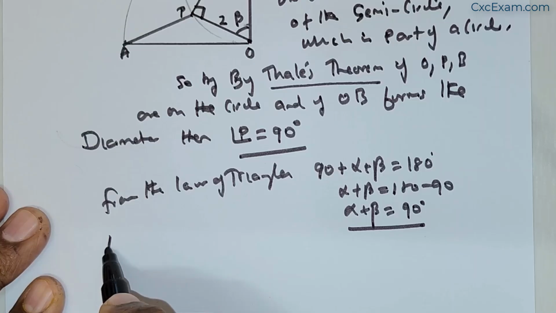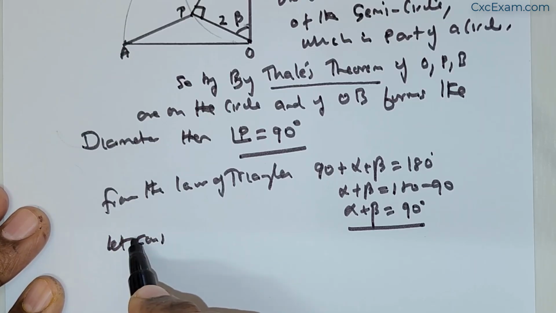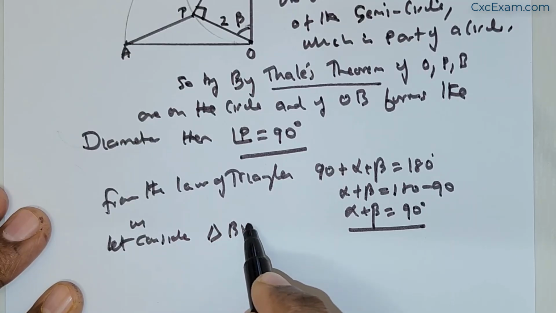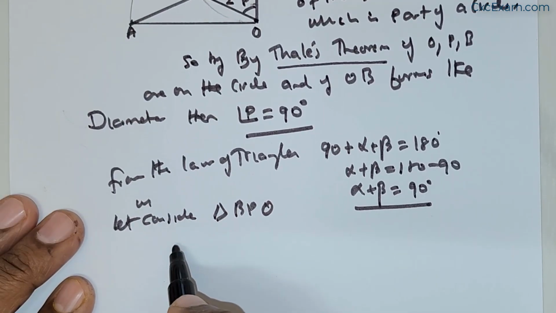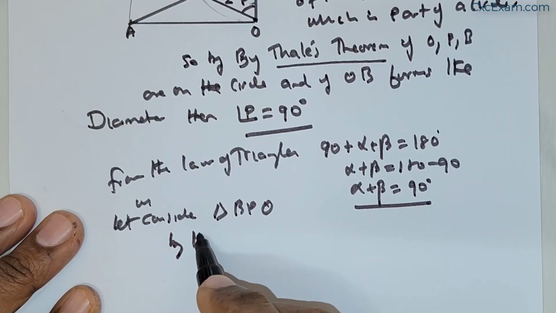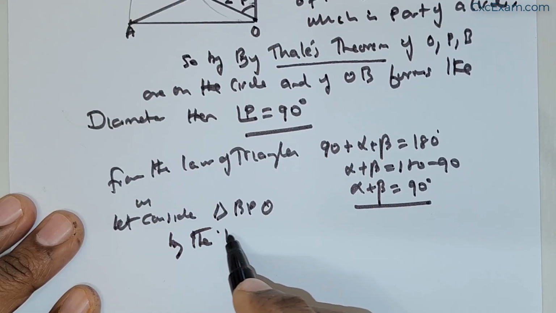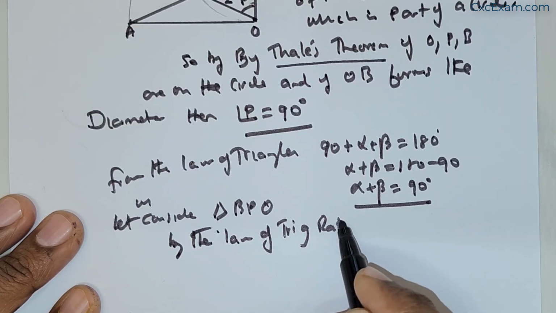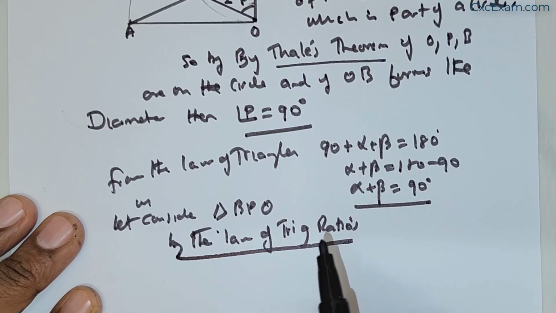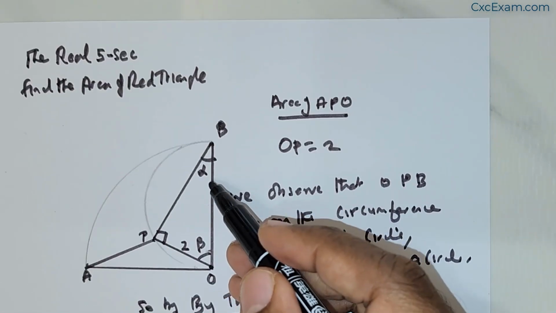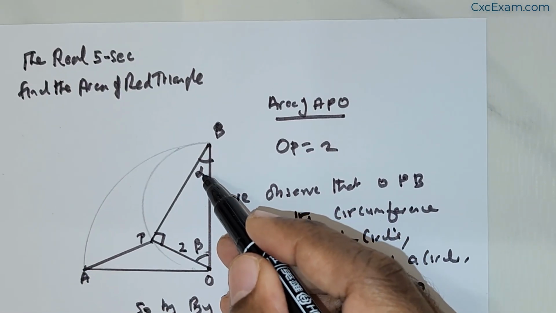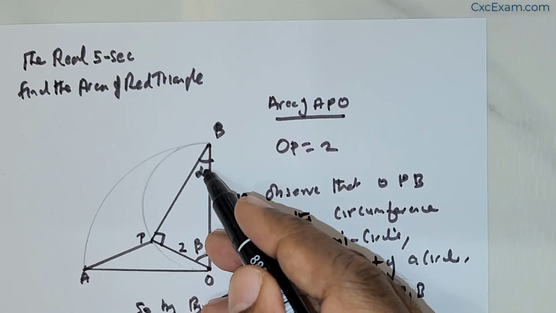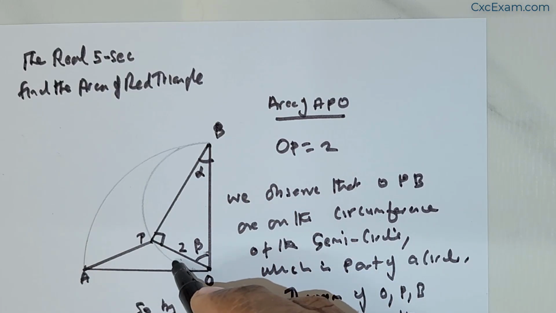Now foremost, let us consider triangle BPO. By the trig ratios, what do we see here? If I were to take alpha, the side opposite to alpha is the opposite side, right?